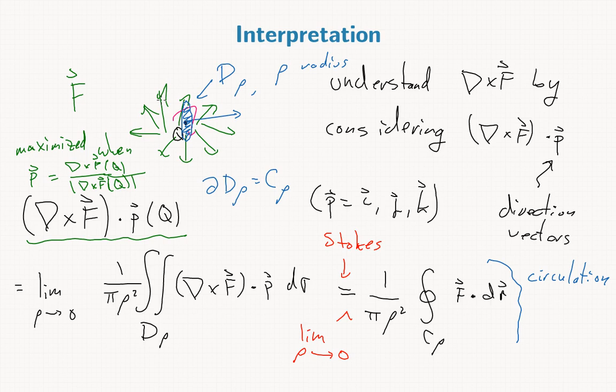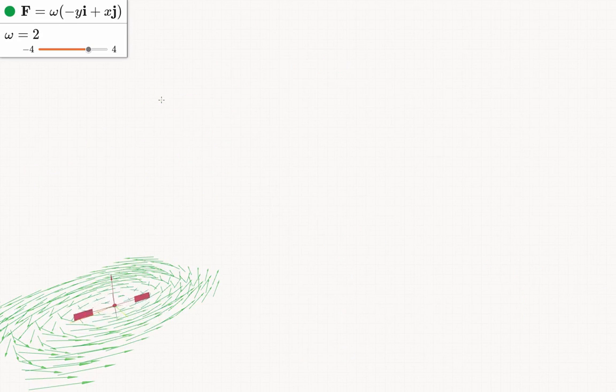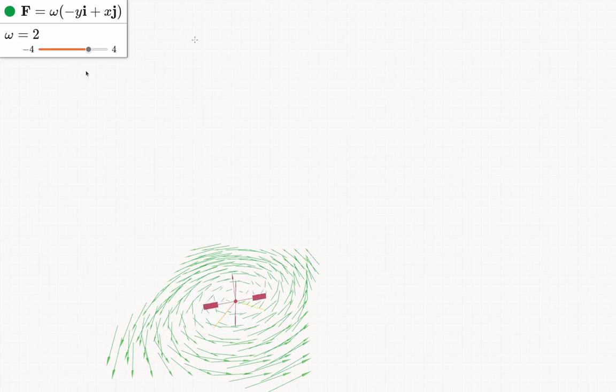The second part was angular velocity, so something more precise. For that, let's just consider the basic rotational vector field. So we've got an angular velocity.